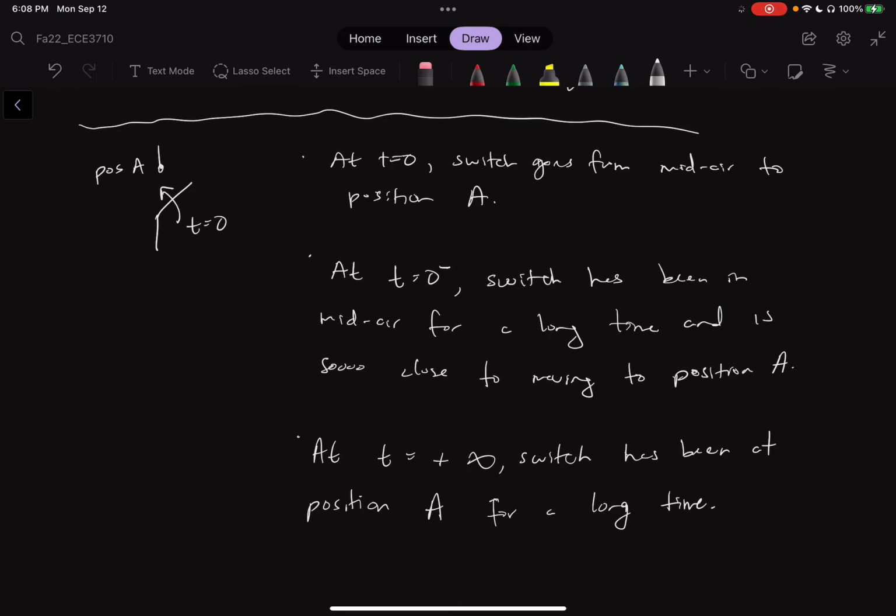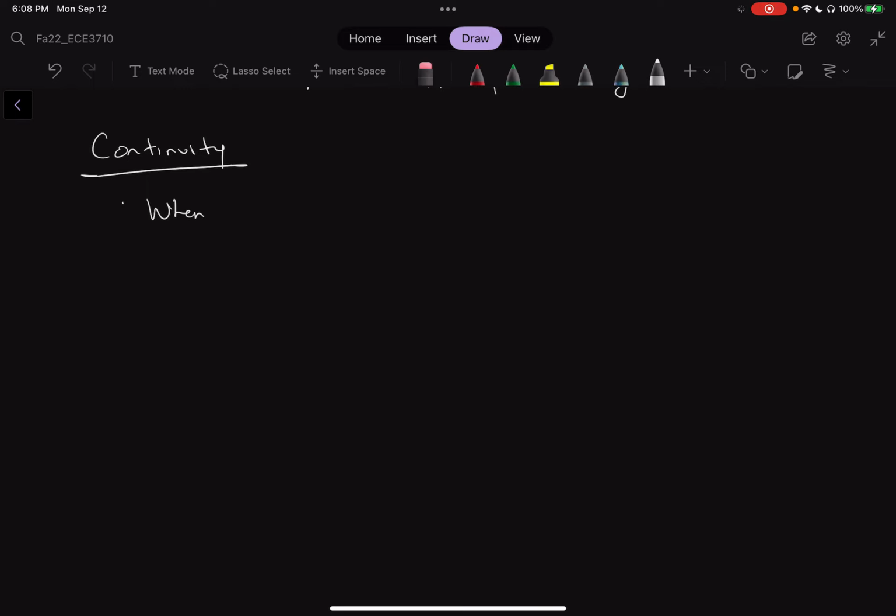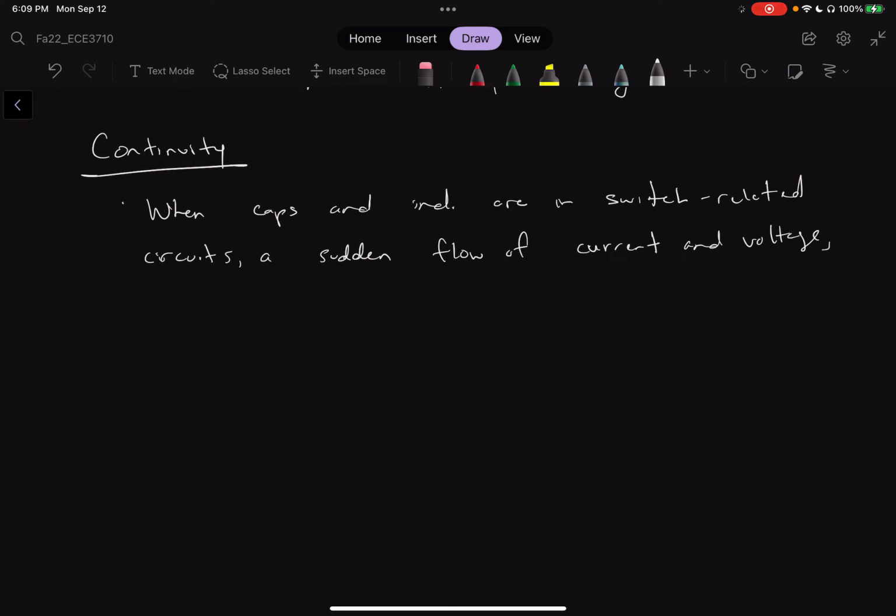Now let's talk about continuity. When caps and inductors are in switch-related circuits, a sudden flow of current and voltage, respectively, will flow across them.